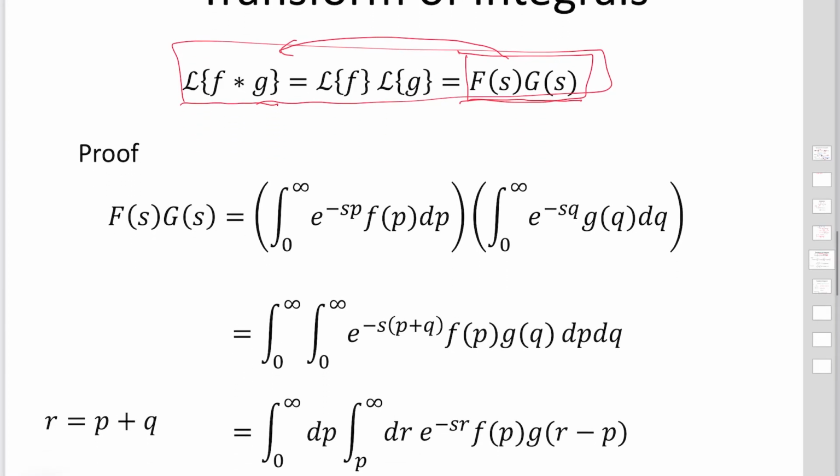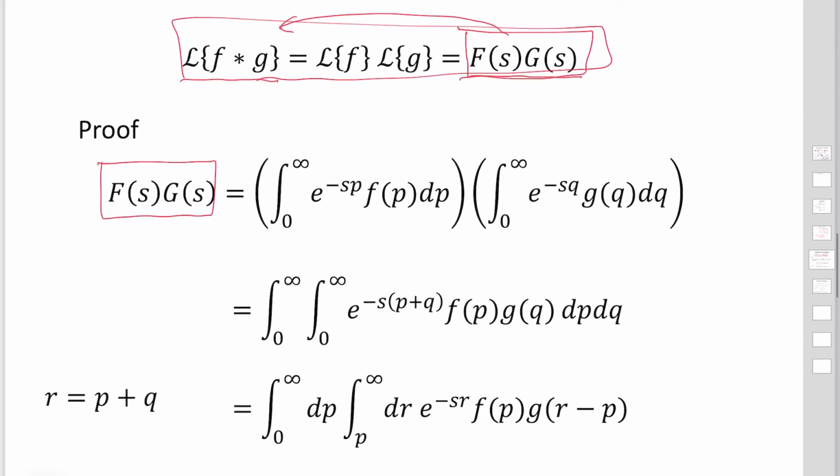So the right hand side is the Laplace transform of f and the Laplace transform of g. So using the definition of the Laplace transform, this corresponds to F(s). This corresponds to G(s).